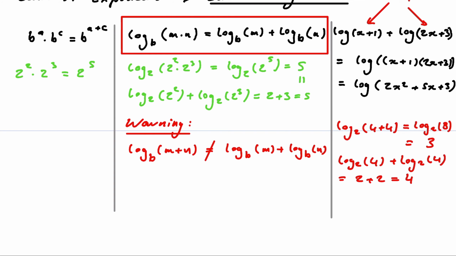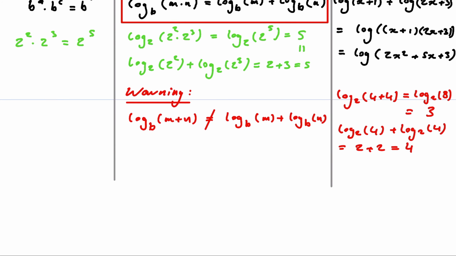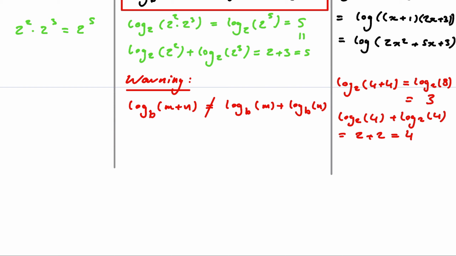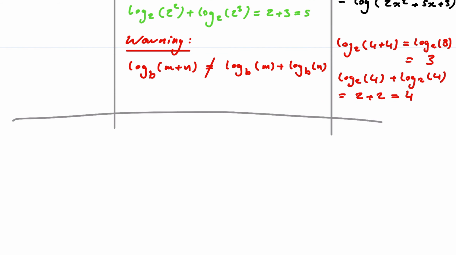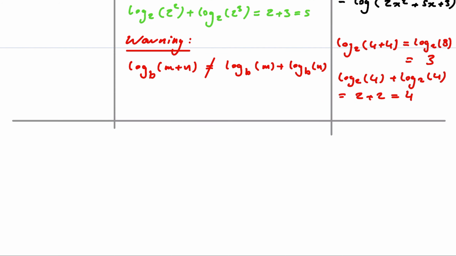Okay, so what other laws of exponents are there? So there is the quotient of two exponents.